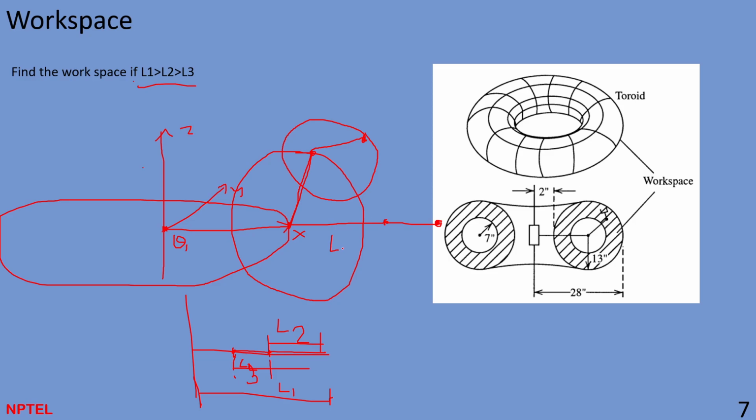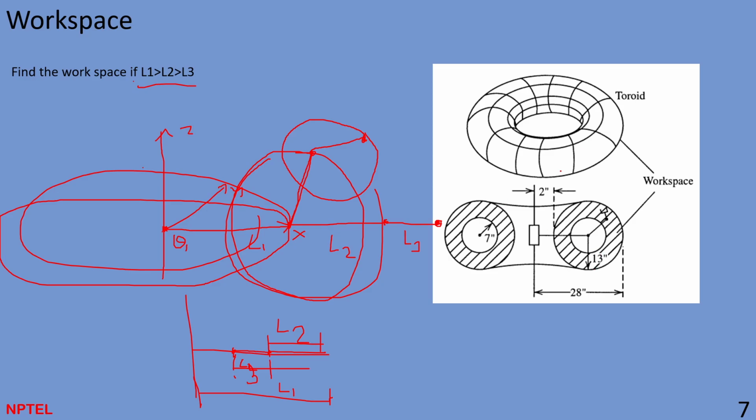I think it will form something like a toroid. First of all, this will remain the same, but then you see this L3 and L3.